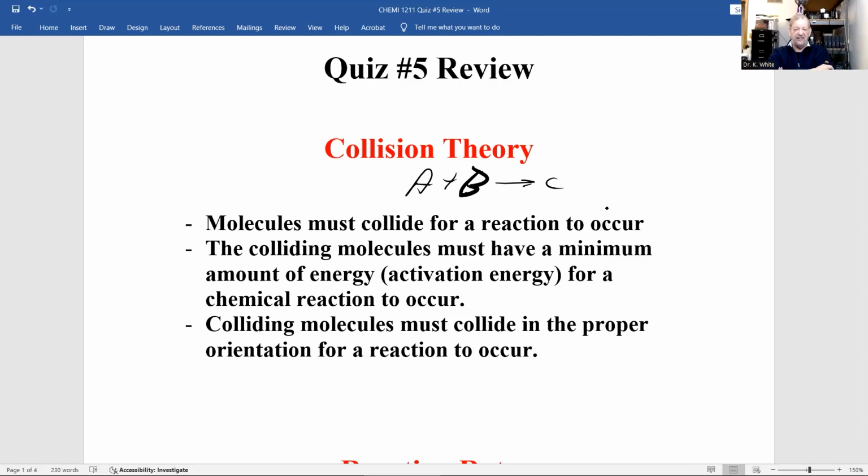Now, when the molecules collide, they can't just go dink, they've got to go boom. They've got to have enough energy, and that's called the activation energy, for a chemical reaction to occur.